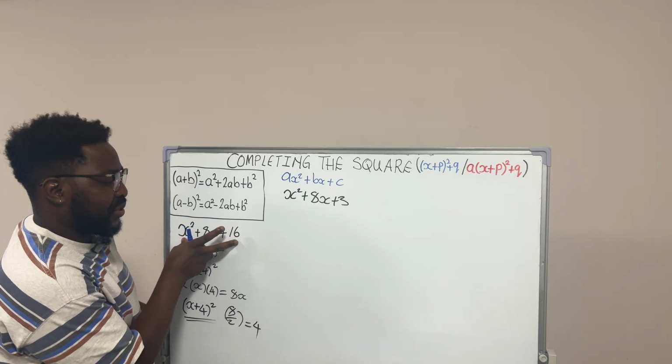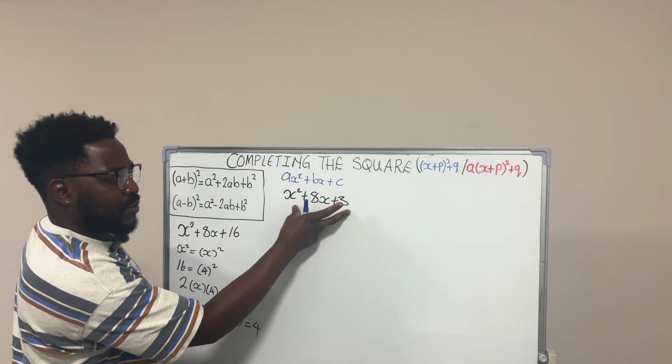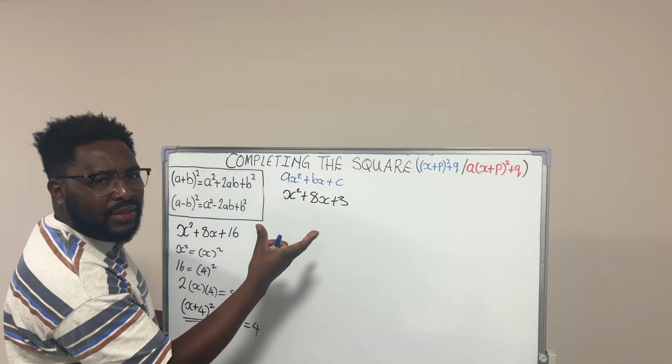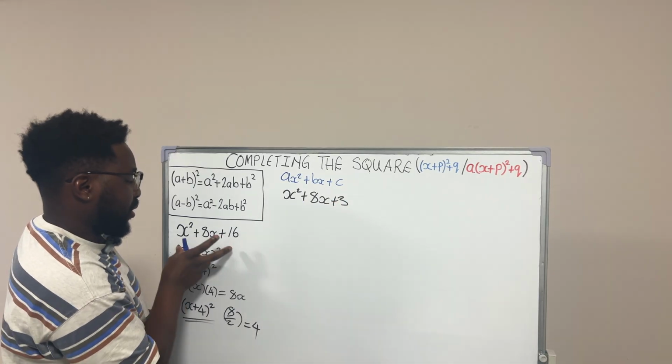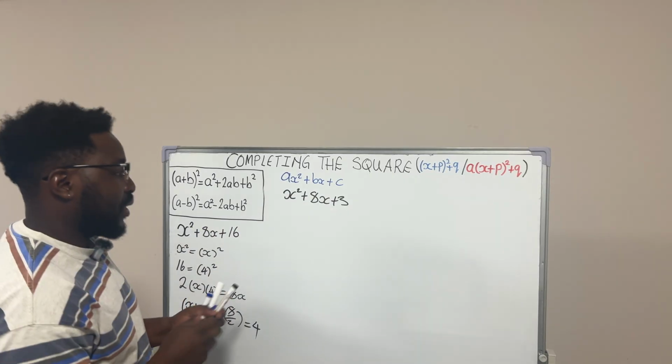We're looking at this expression, and then we also look at this expression. We can say that we can add a 16, right? We can add a 16 to this expression. Okay, so now let's try to add that 16.